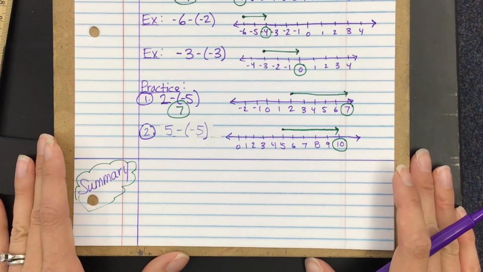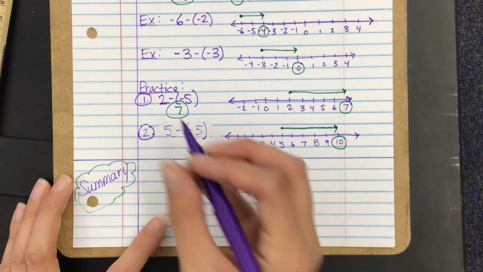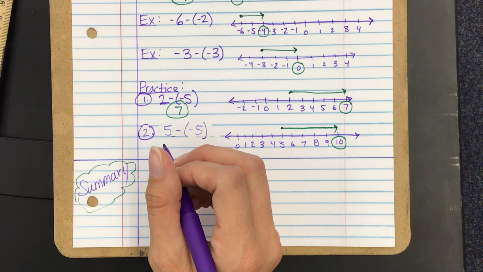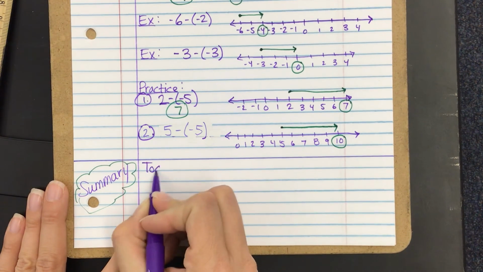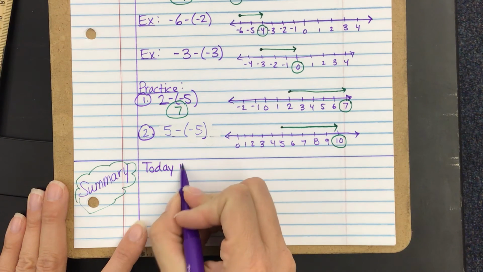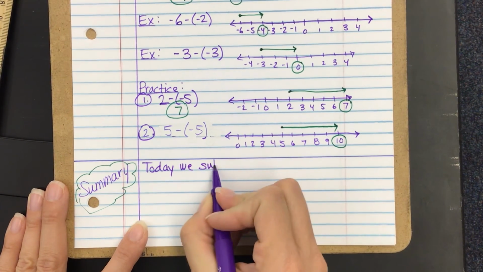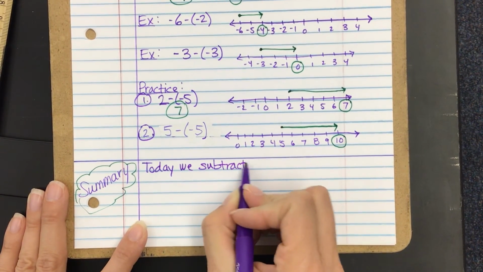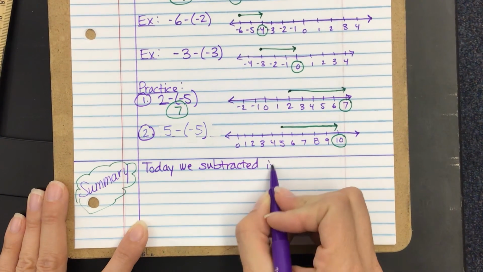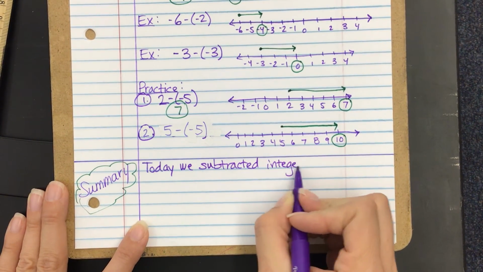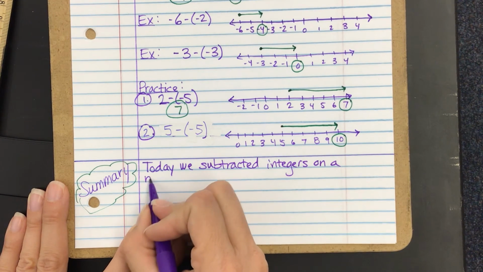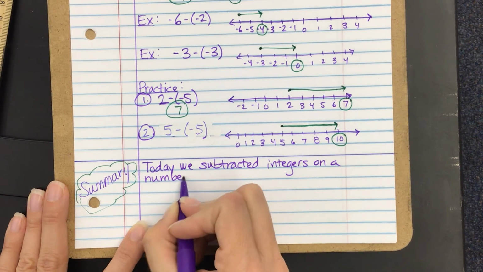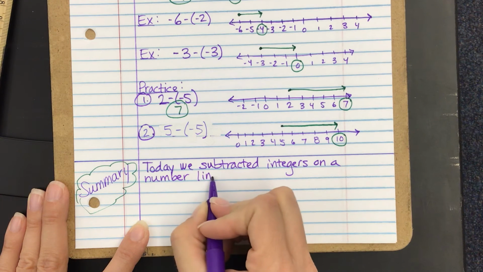So for the summary, I'm going to say, today we subtracted integers on a number line.